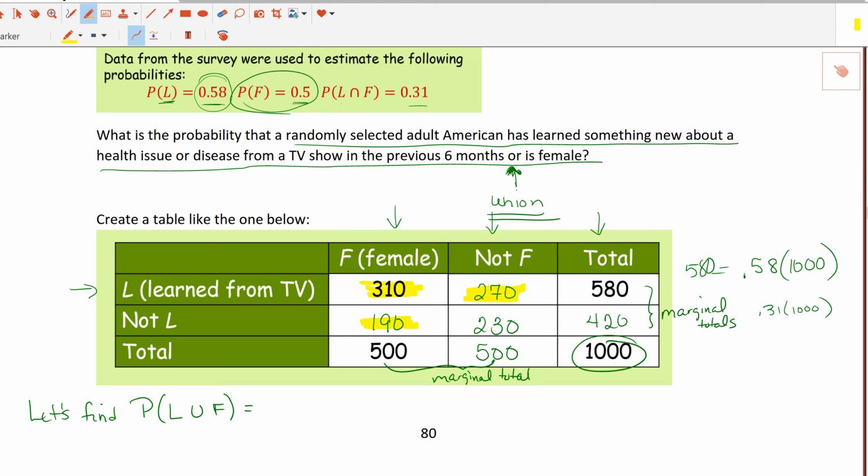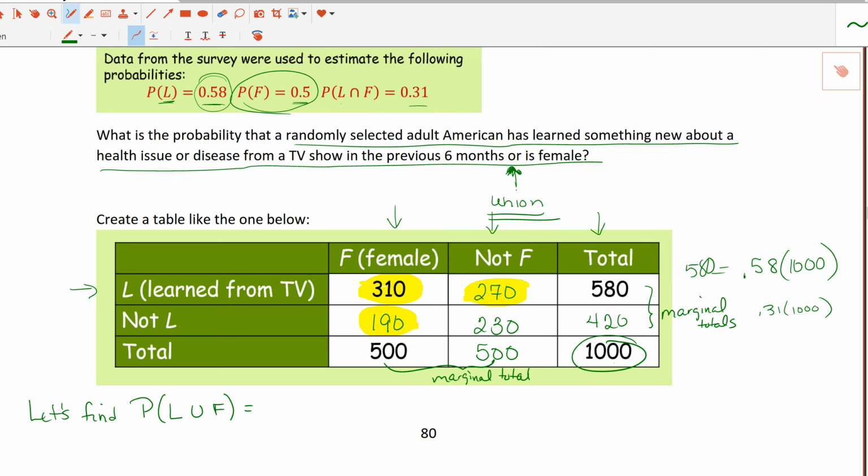The 310 and the 190 are females. These 310 were females that also learned something from TV, but this 190 were females that didn't learn anything from TV. And then when we look at this cell, the 270, those were people that were not female, but they did learn something from TV.